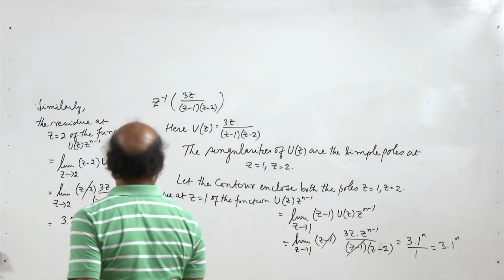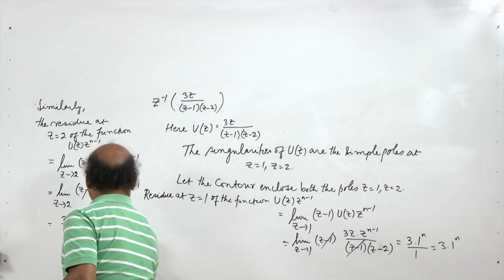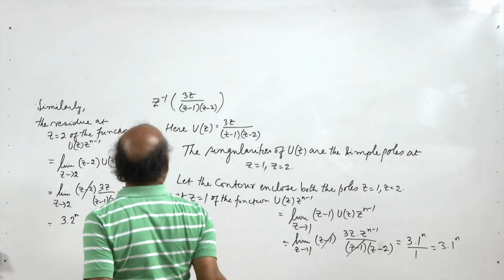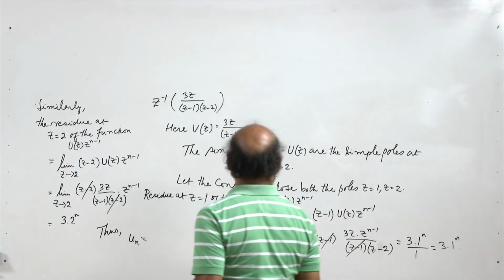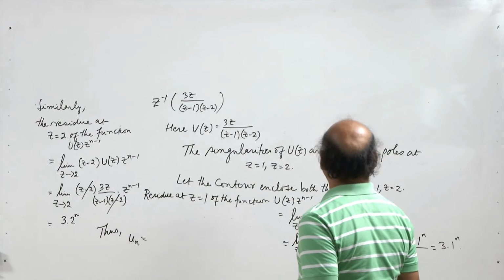Okay. So, thus we get u_n by the formula u_n equal to sum of residues at the poles z equal to 1 and z equal to 2.